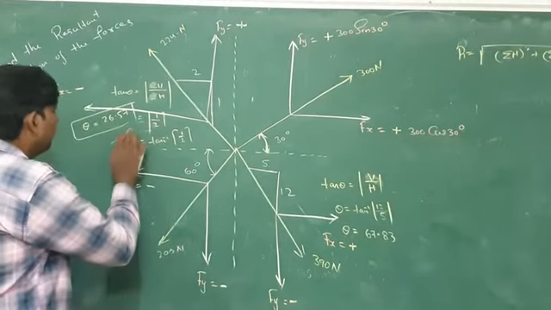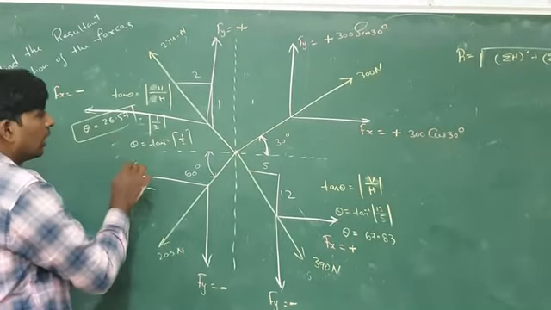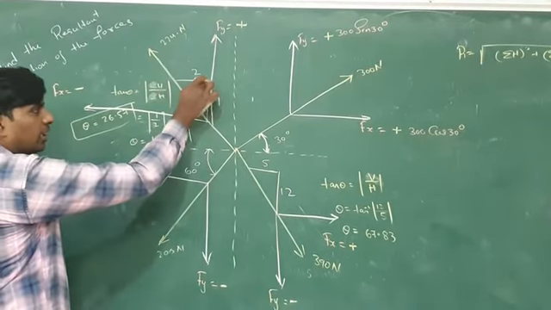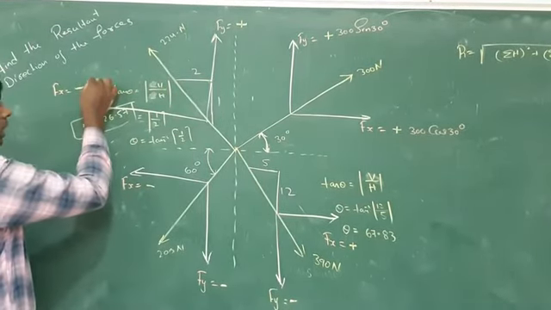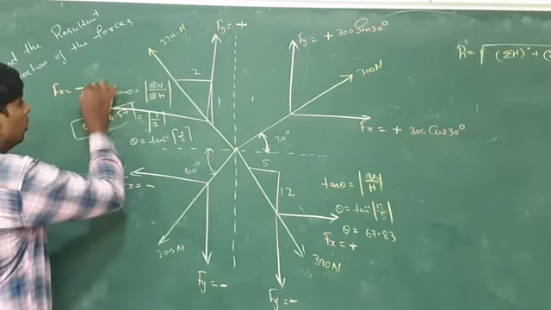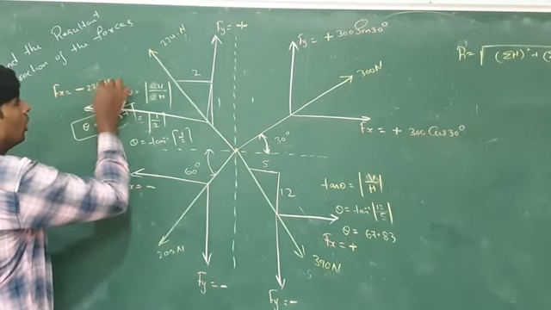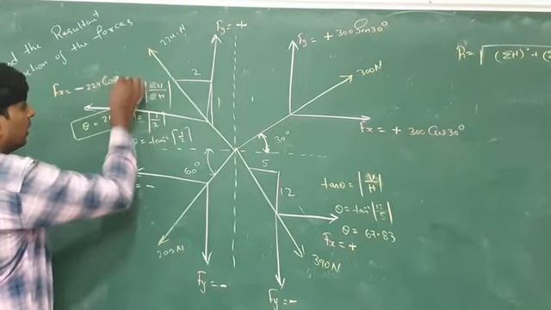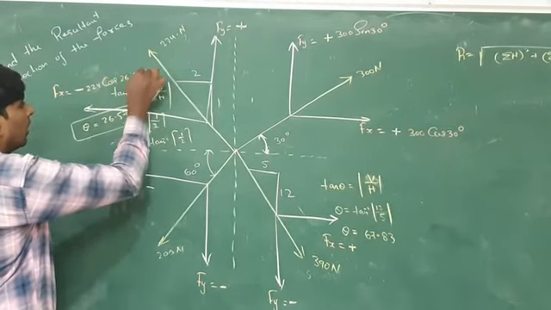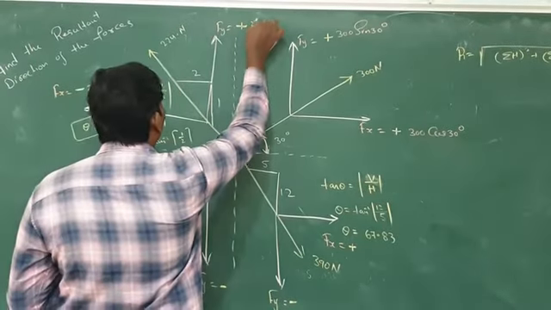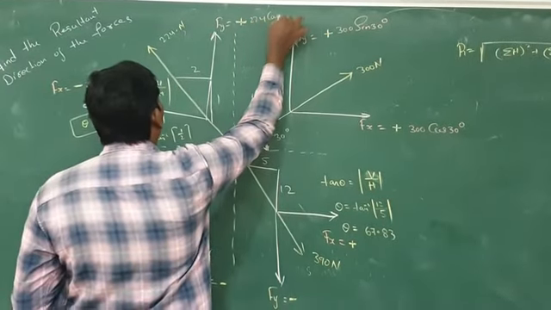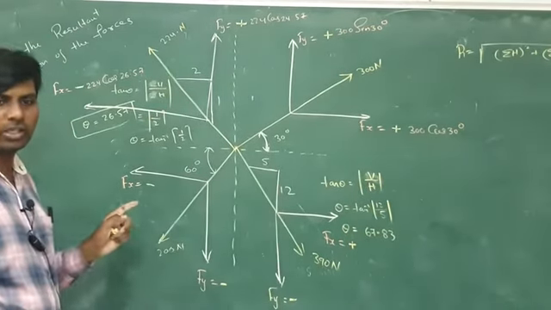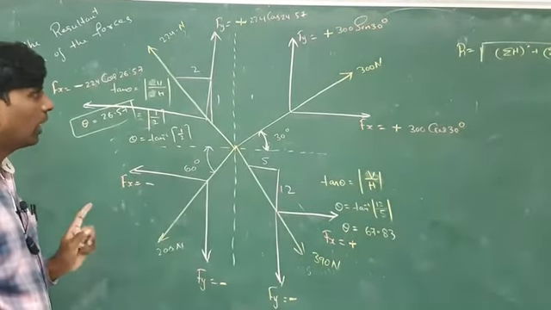Next one here. Here the theta is lying with respect to horizontal. So here you can write 224 Newton, 224 cos 26.57, and here also 224 sin 26.57.